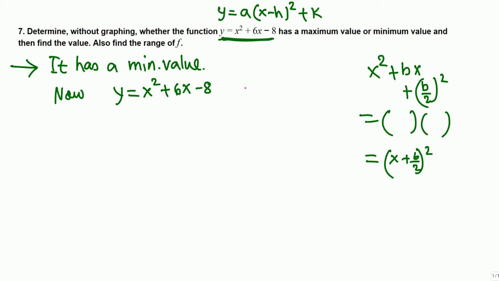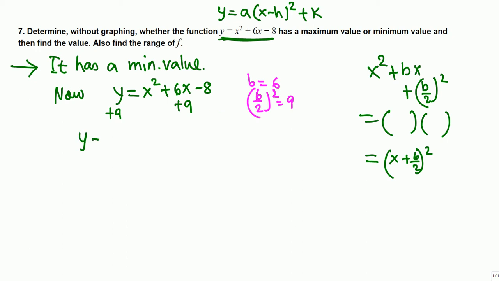So b is in this case 6, half of 6 is 3, 3 squared is 9, so we need to add 9 to both sides to make it equal. Or we could have added plus 9 and subtract 9 on one side, same thing.